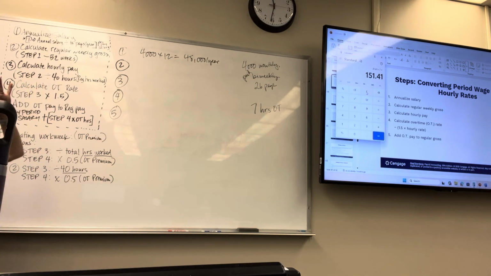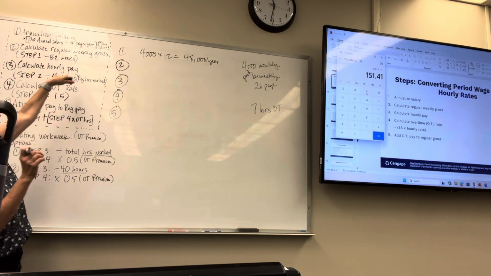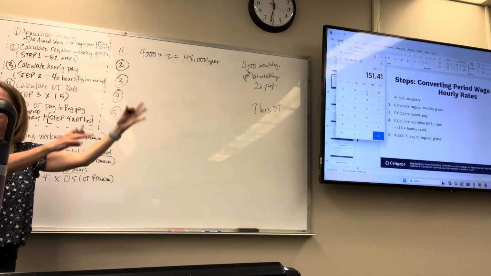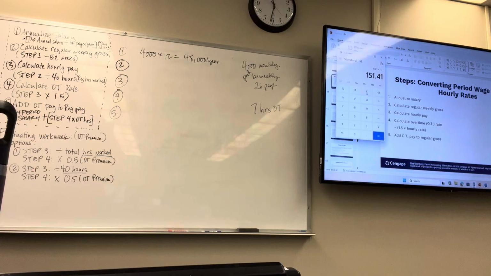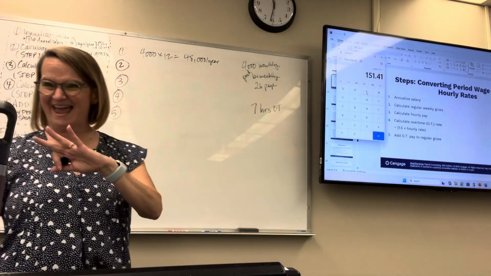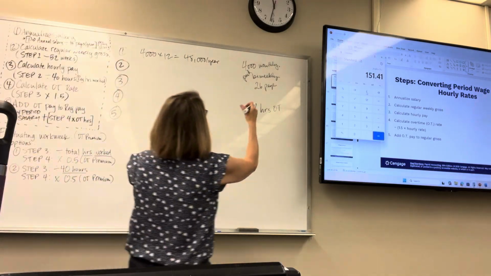We kind of have a step 1A in this example because their salary is on a monthly basis, but right now we don't know what they're paid bi-weekly, every pay period. So we've got to figure that out.